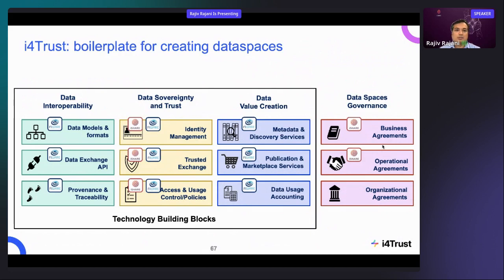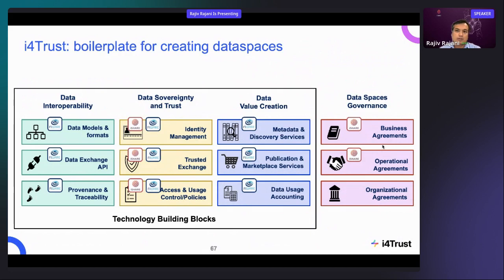And in the data sovereignty and trust, these components are made compliant with iShare specifications and framework. So you are ready to use them today, and use the iShare framework aspects with those components.